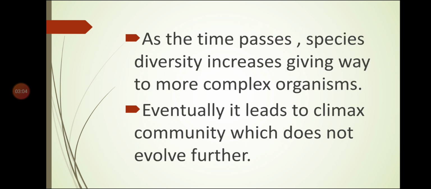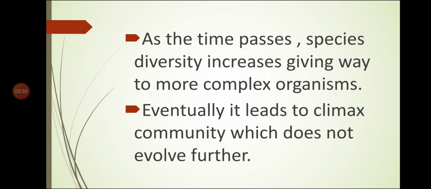As time passes, species diversity increases, giving way to more complex organisms. As time goes, one or the other species will come new, or some of the species will be removed or die. So there may be different diversities as time goes.